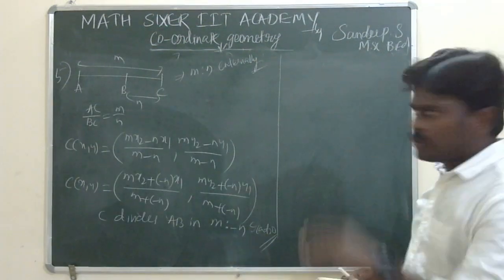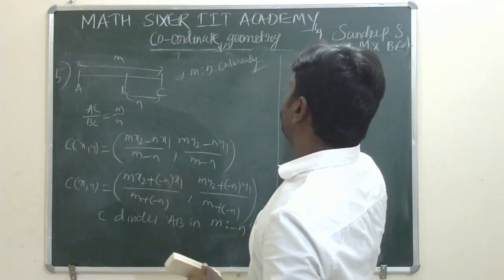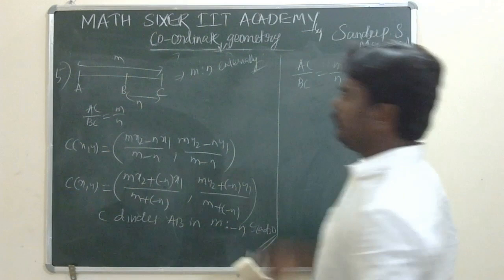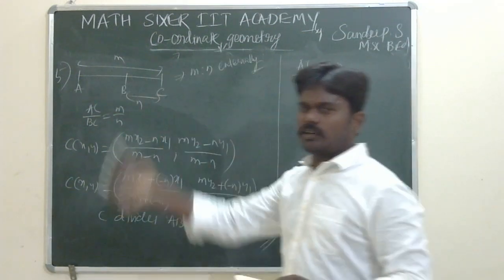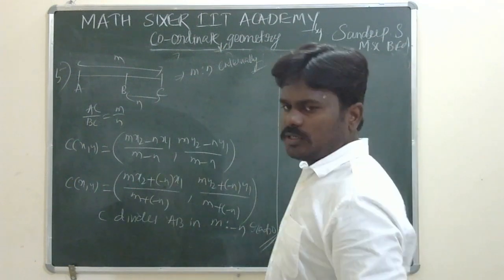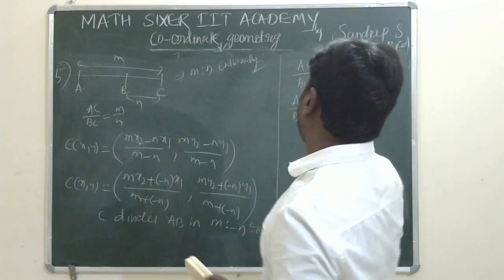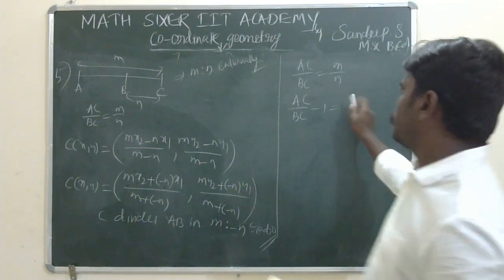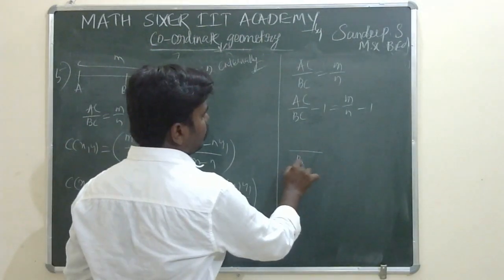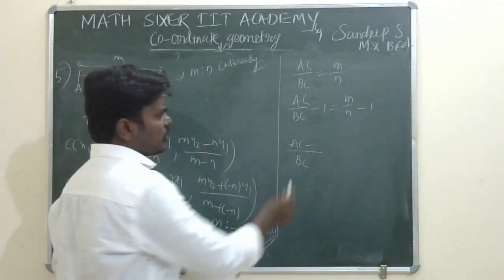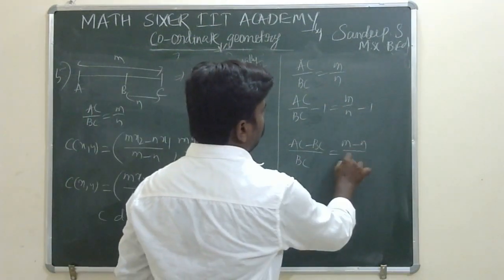Now here you see AC by BC is m by n. That means point C divides AB in the ratio of m is to n externally. Now I am subtracting 1 on both sides, so m by n minus 1. Taking the LCM, here it is BC, so AC minus BC equals (m - n) by n.